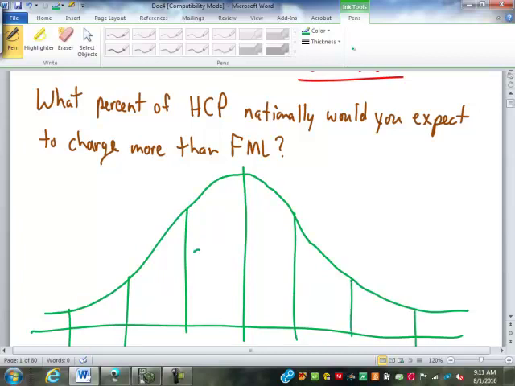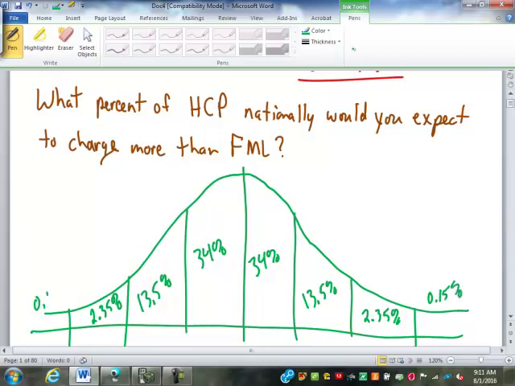And there were set percents in here. This was 34% here and here. 13.5% here and here. 2.35% here and here. And 0.15% here.